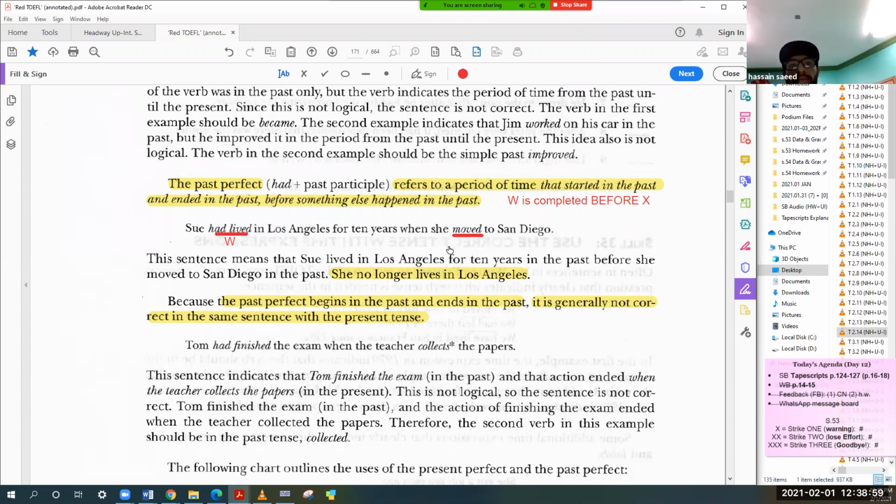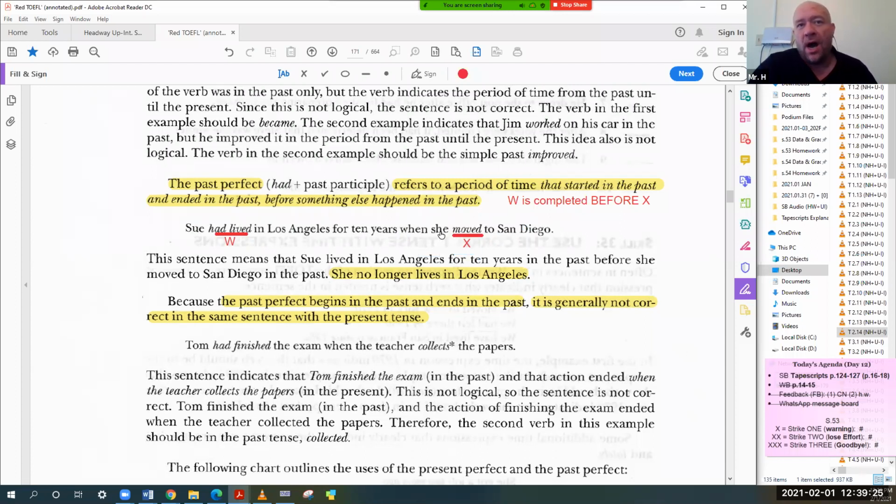She lived. Then she moved. Here is X. She moved to San Diego. That's X. But before she did that, before she moved, she had lived in Los Angeles. Do you understand?